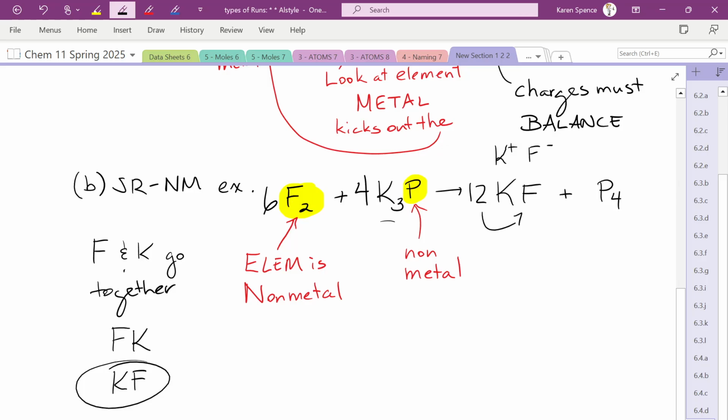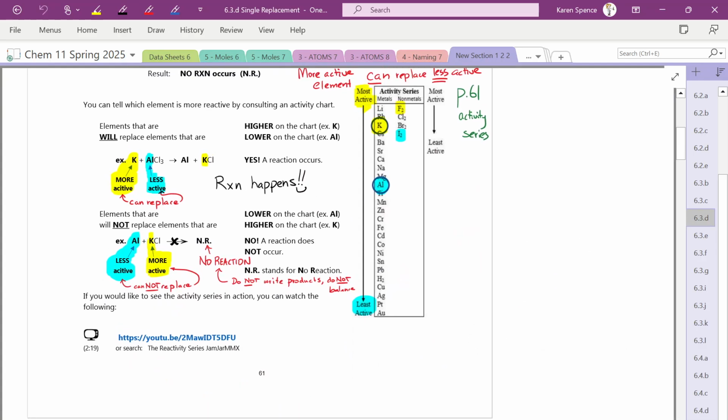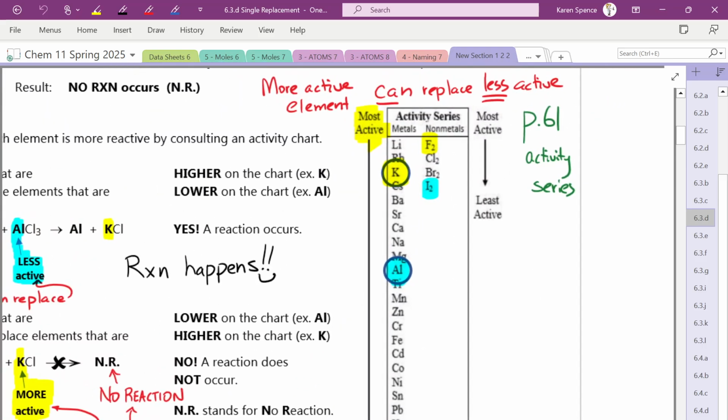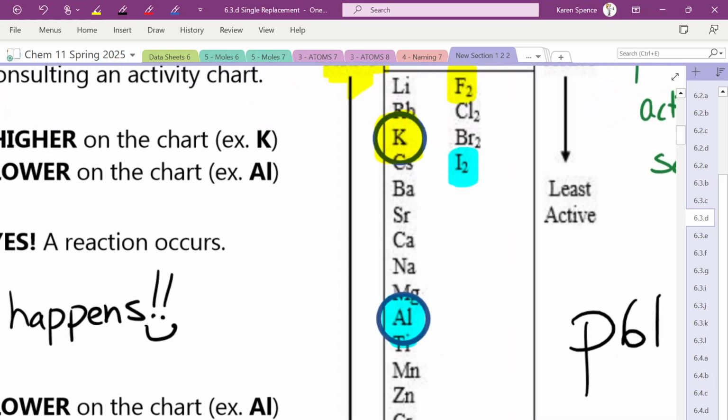So those are the 3 types we have learned so far. Today, we're going to practice a little bit more with the single replacement because not only did we learn single replacement, but we also learned about the activity series, which, if we're on page 61, the one that we did, right?